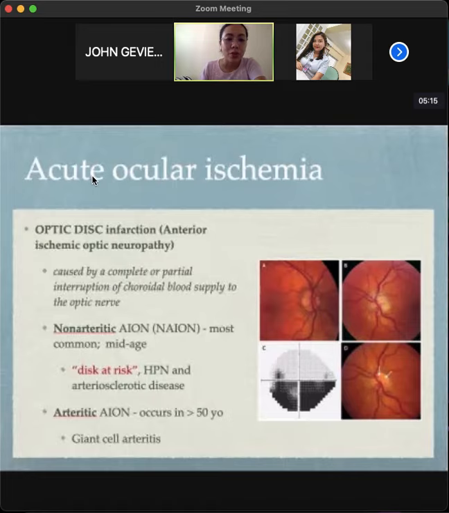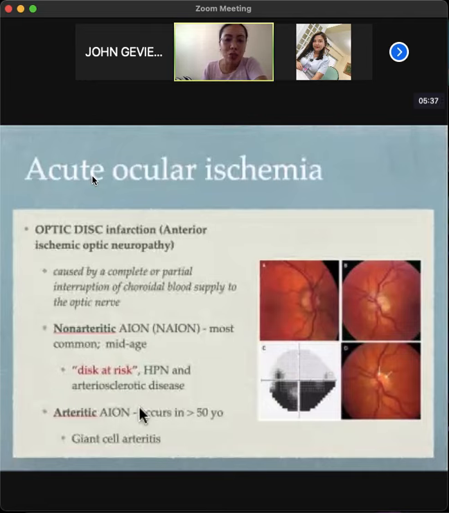There are two types of anterior ischemic optic neuropathy: non-arteritic and arteritic. Non-arteritic is most common in the middle-age group with hypertension and arteriosclerotic diseases, so usually those with comorbidities.